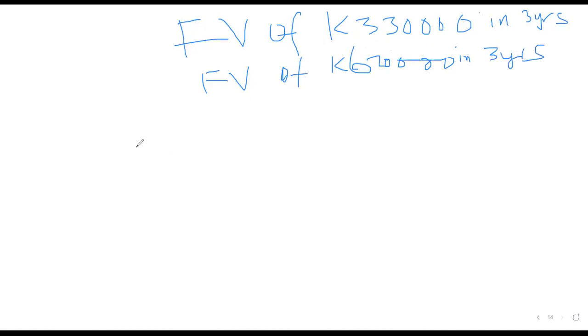So let's first find this one. Future value is equal to present value times 1 plus R to the power n. N is the same as t, time.